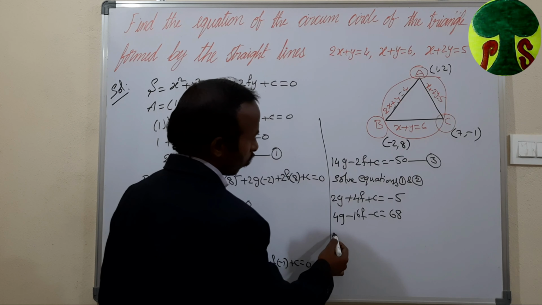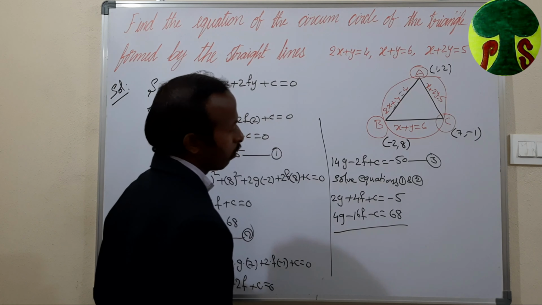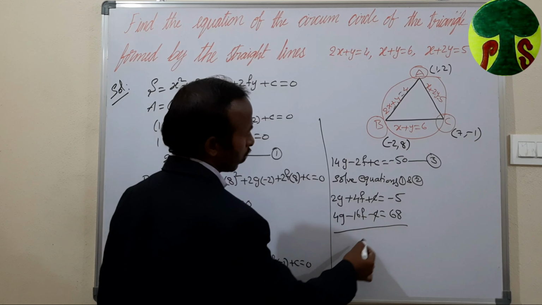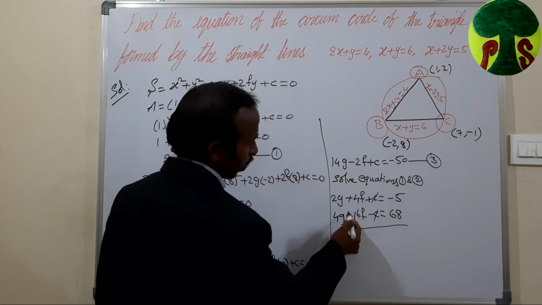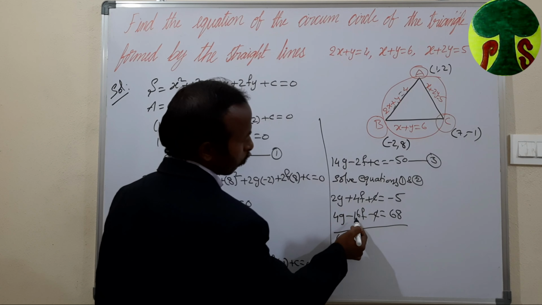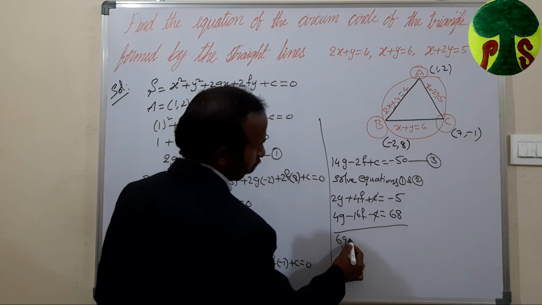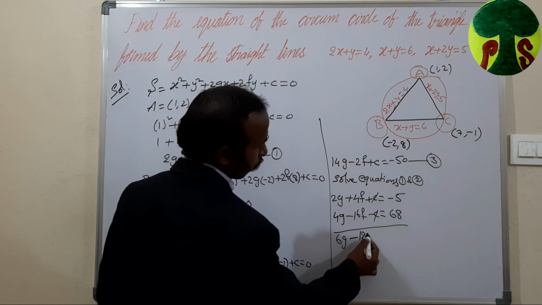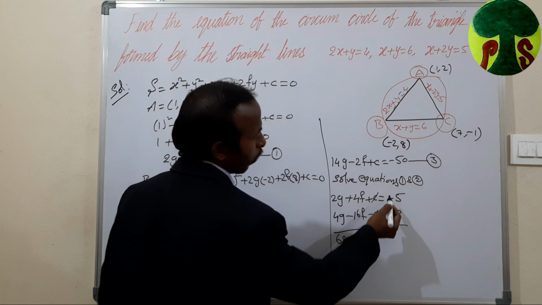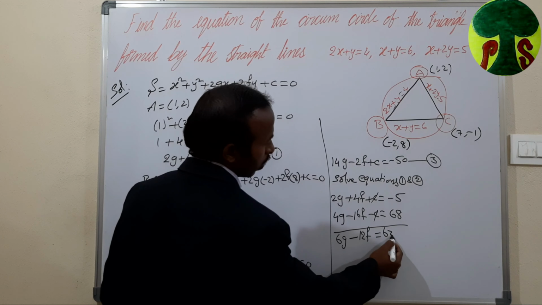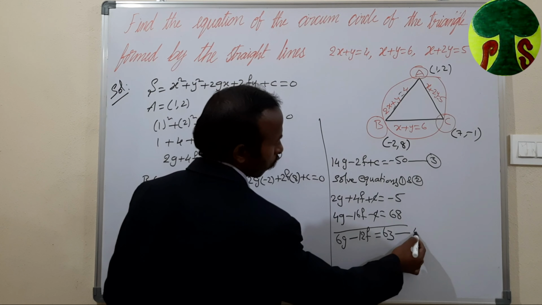Now, directly you have to add, c gets cancelled. 2 plus 4 is 6g. Here minus 16 plus 4 is minus 12f. Here is equal to 68 minus 5 is 63. This is equation 4.